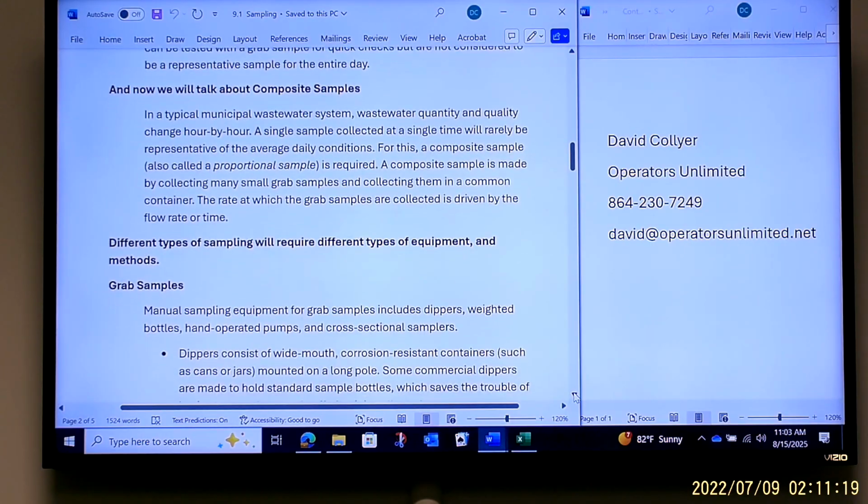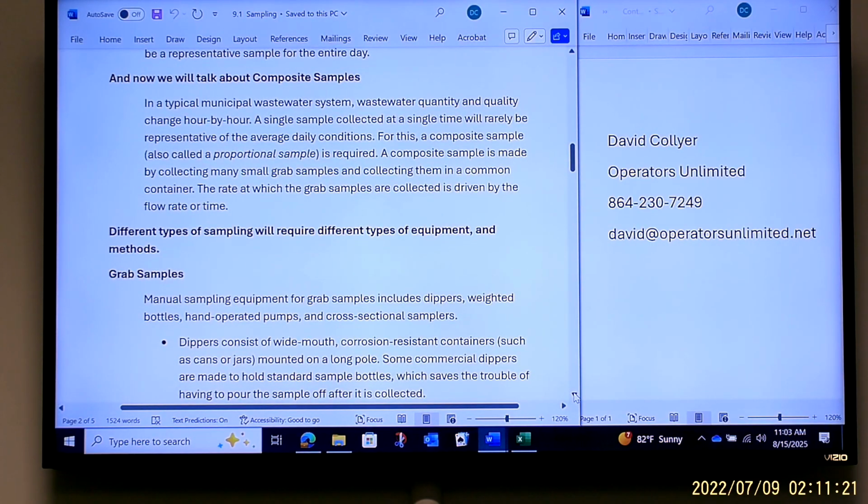Now we're going to talk about the composite sample. In a typical municipal wastewater system, wastewater quantity and quality change hour by hour. A single sample collected at a single time will rarely be representative of the average daily condition.